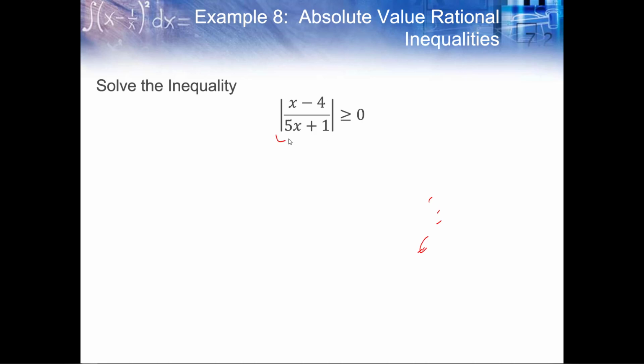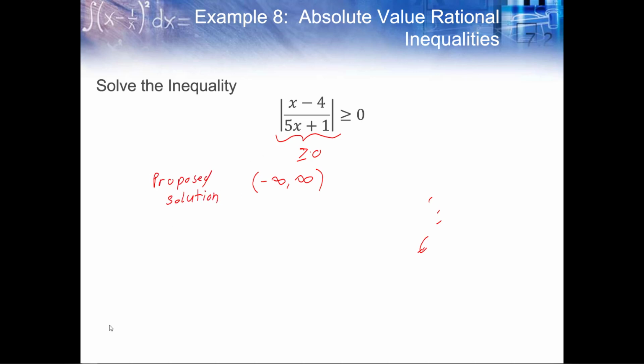Now, what do we know about absolute values? This right here is always greater than or equal to 0. Therefore, the entire real line satisfies this particular inequality. Or does it?